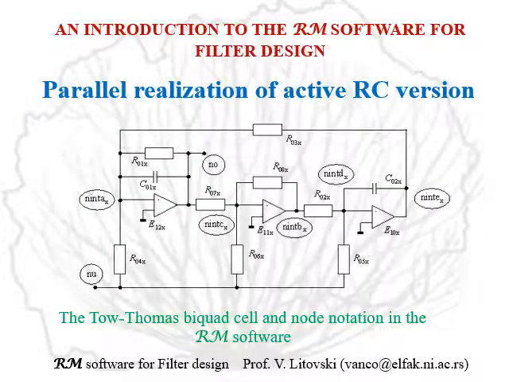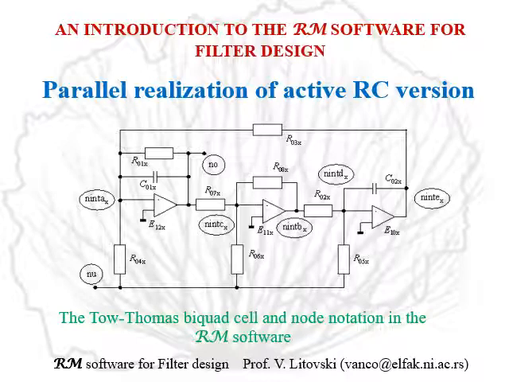Here is a cell, a second order cell, which is used in parallel. It is important to have in mind that all second order cells are low pass and have 1, 0 at the real axis.